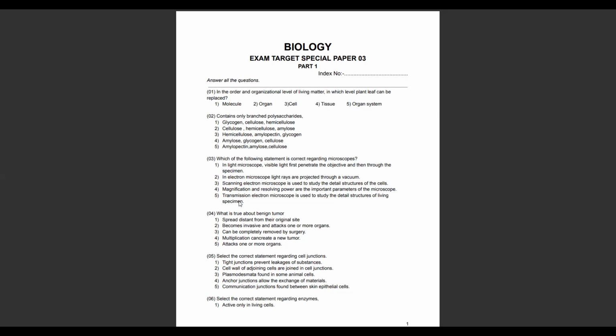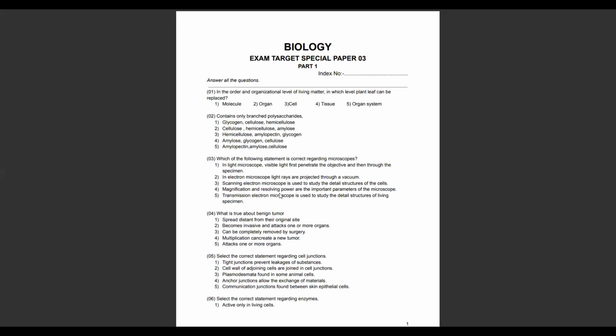Only non-living specimens can be observed using the transmission electron microscope. So the fifth answer is also incorrect. Now the fourth one: magnification and resolving power are the important parameters of the microscope. Yes, that is correct. They are the two important parameters. So for the third question, the answer should be the fourth answer.